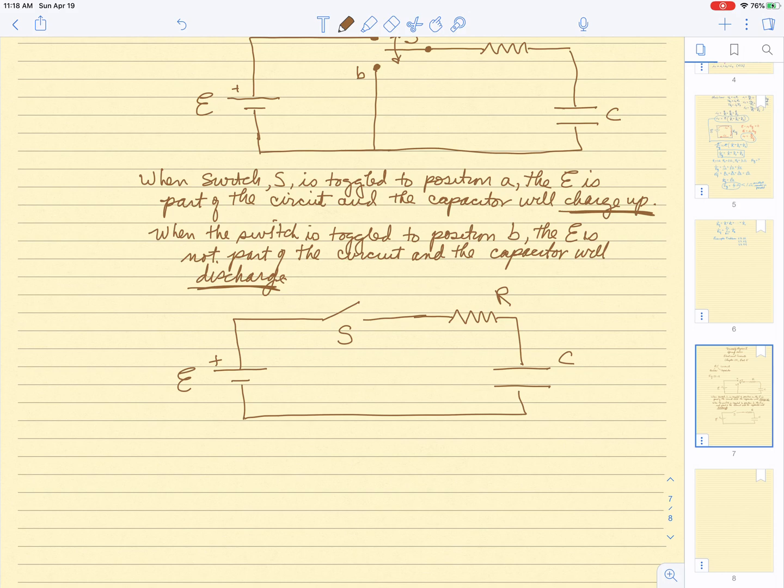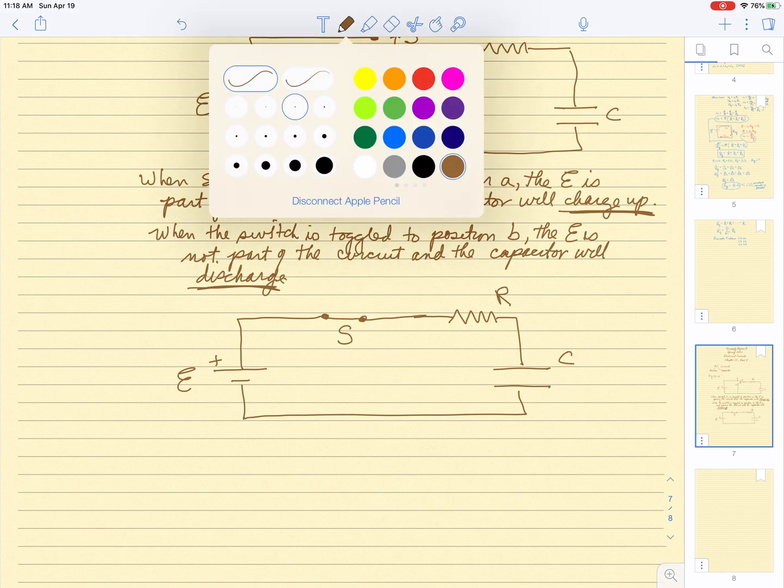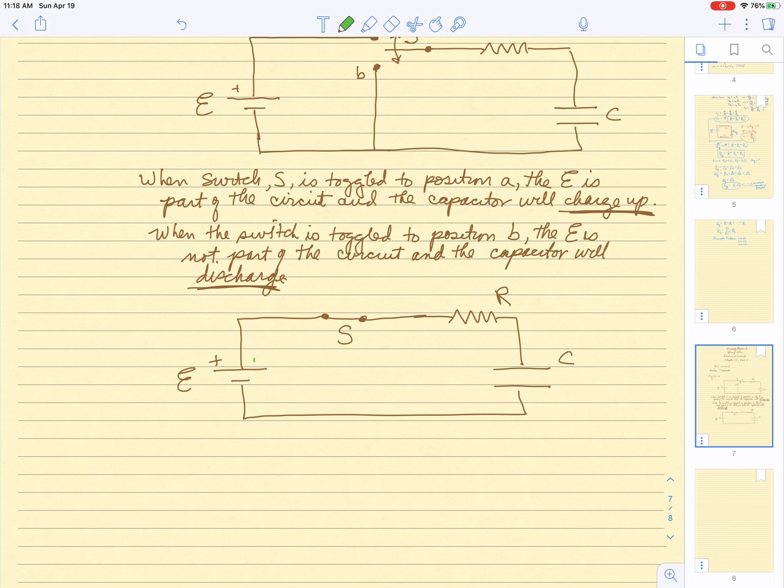Okay, so we're going to now close the switch. Let's close the switch. Switch is closed. And now the circuit is complete. And we're going to have a current.